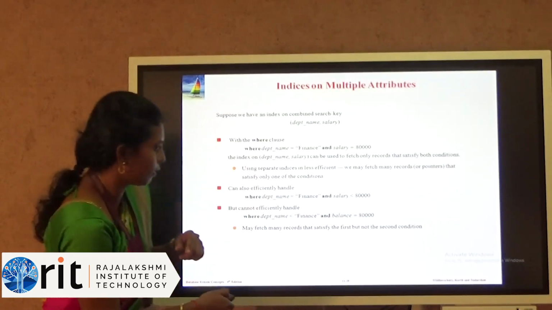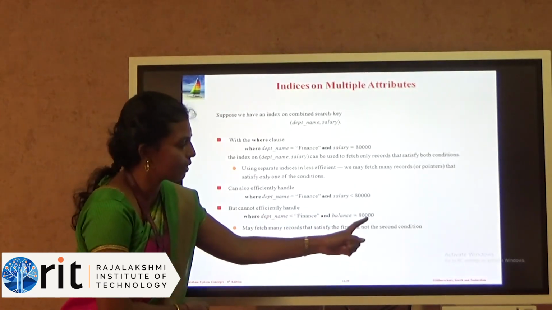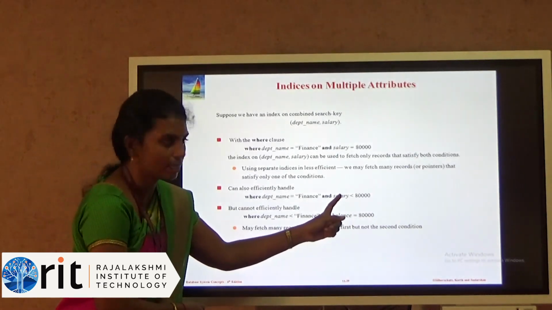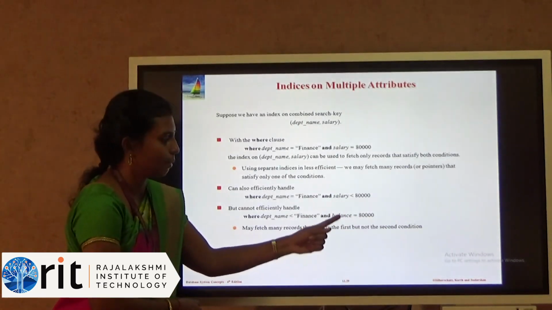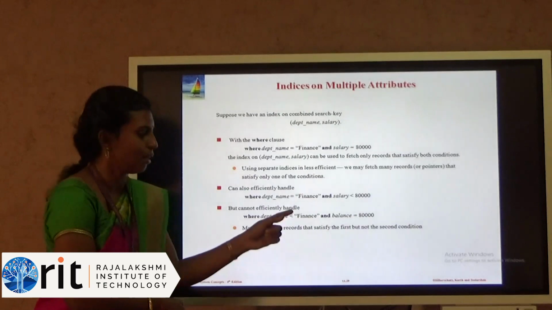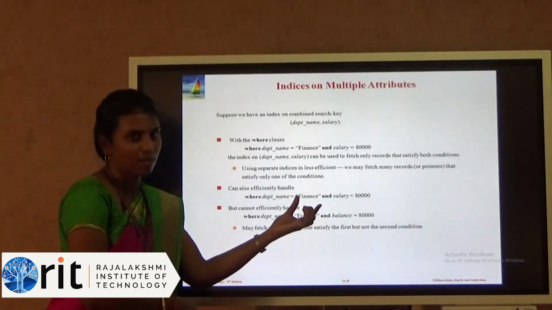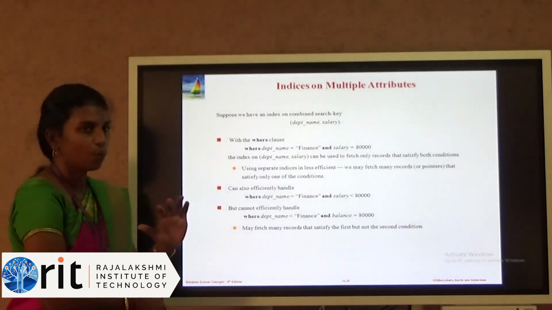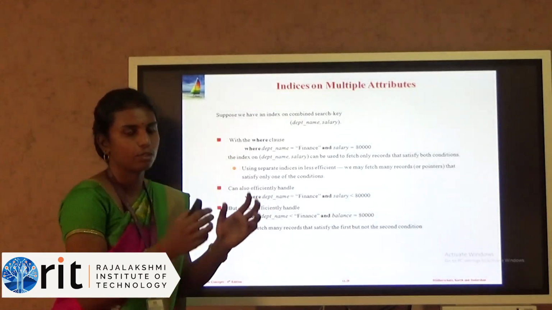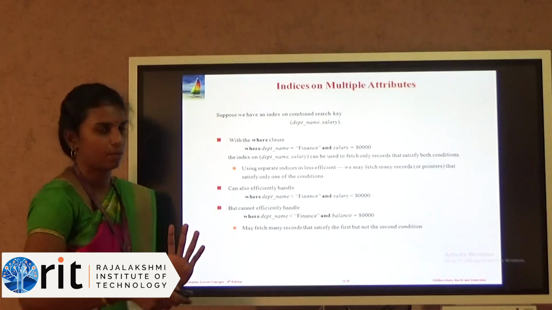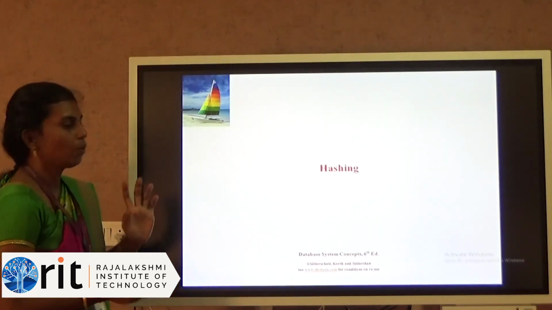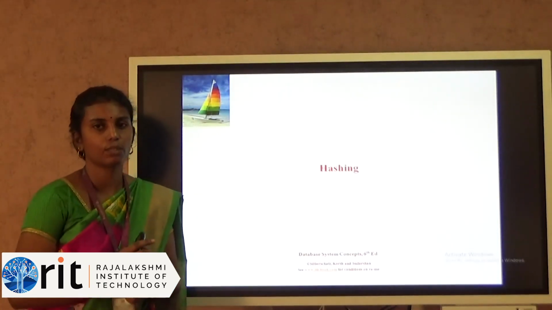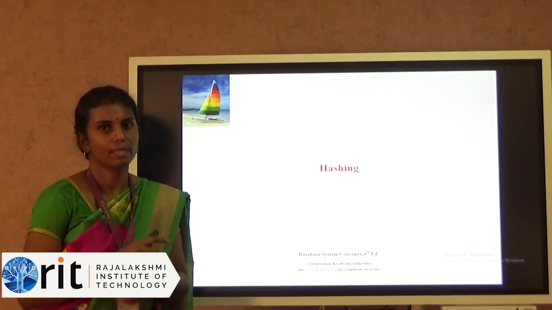The conflict is that if, instead of salary, I change the query to balance equal to 80,000, then this index cannot be applied for this query. So just avoid choosing a combination of search keys. So indexing concept is over. Let us see the hashing concept in the next lectures.